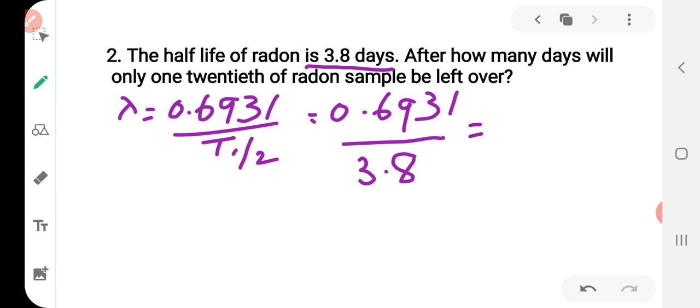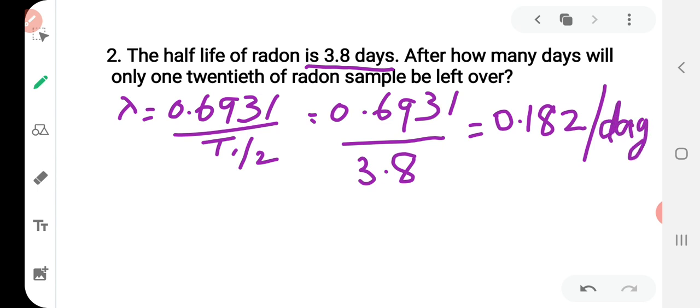So substituting we get 0.182 and the unit will be per day. Since t half is given in days, the unit of decay constant will be day inverse or per day.